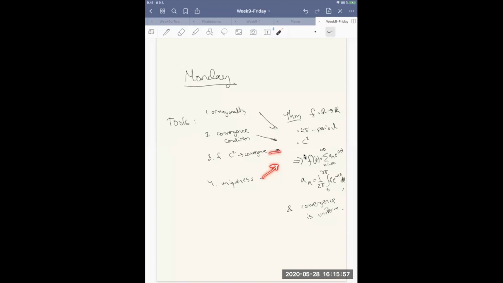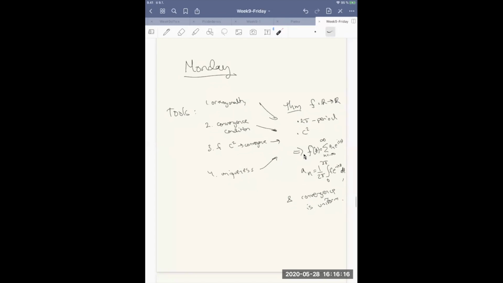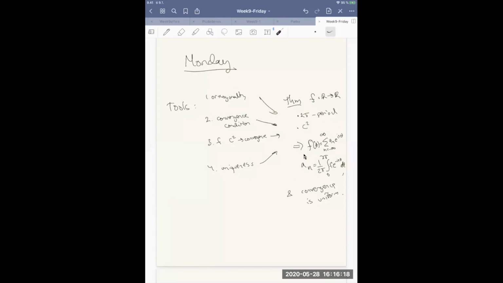And all of these tools together will come into the proof that if f is 2 pi periodic and C2, then f is actually the sum of its Fourier series, where the Fourier coefficients are computed exactly like we would expect. And this convergence is uniform. But we still need to discuss uniqueness and the uniform convergence.